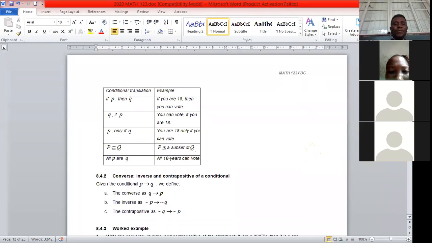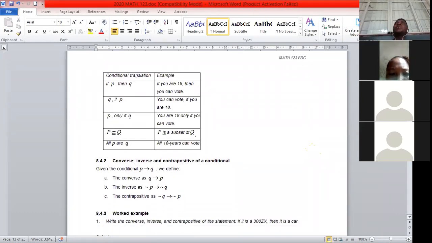Okay, so if the statement is given to you and you realize it is a conditional statement, then you have to extract the aspect of the statement that the conditional is connecting.